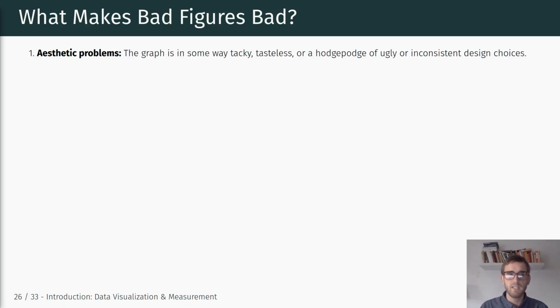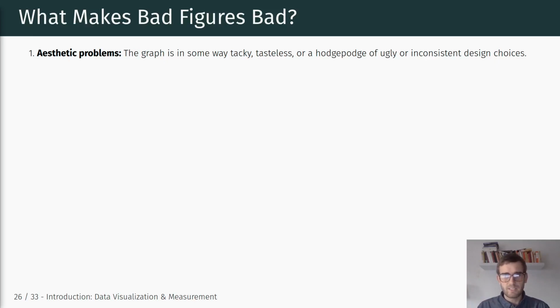The first set of problems is focused on aesthetics, right? So this summarizes issues where the graph is in some way tacky, tasteless, or just not very pleasing to look at.